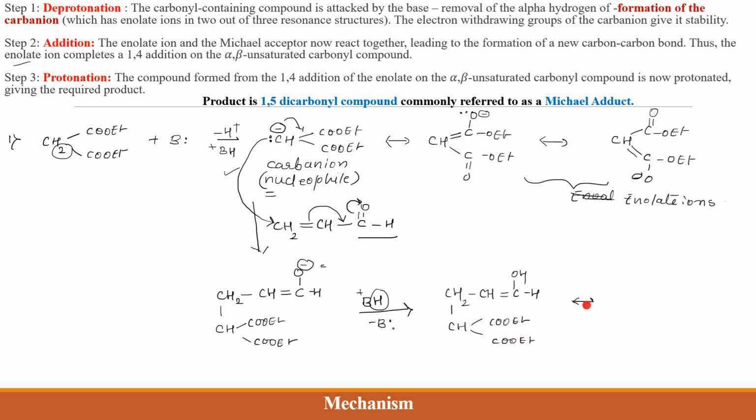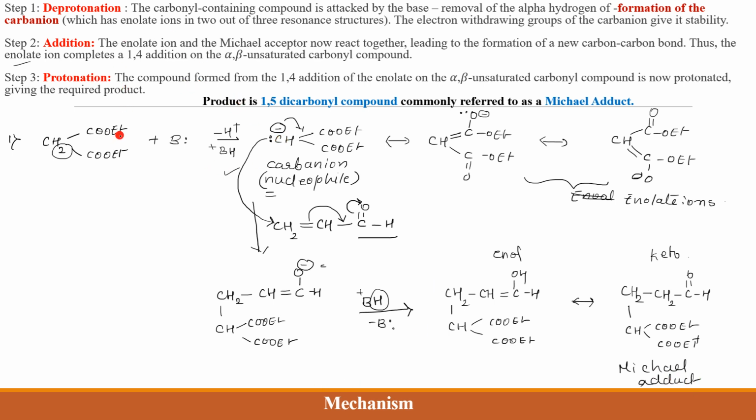This is your enol form, and it gets converted to its keto form. So this is simply keto-enol tautomerism, and this is your Michael adduct. So this is your enol, this is your keto. So once protonation takes place, keto-enol tautomerism takes place, you get the product, and this product is your Michael adduct. Okay, I hope you have understood this.